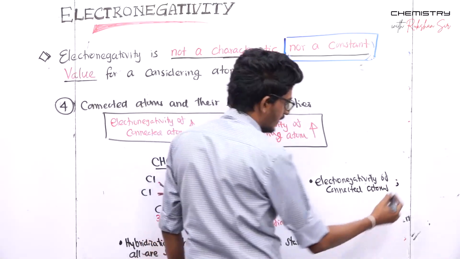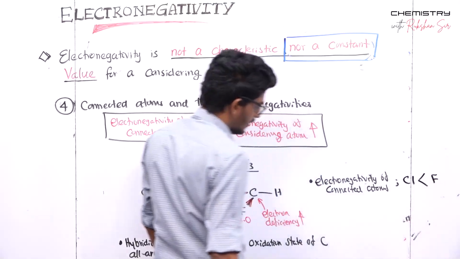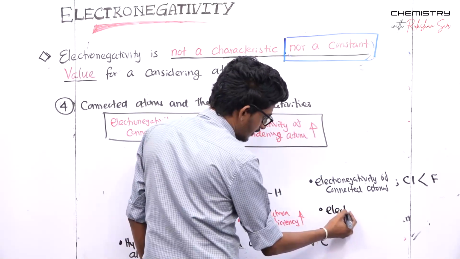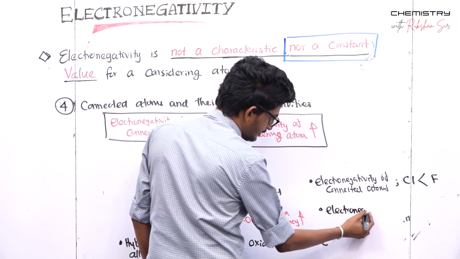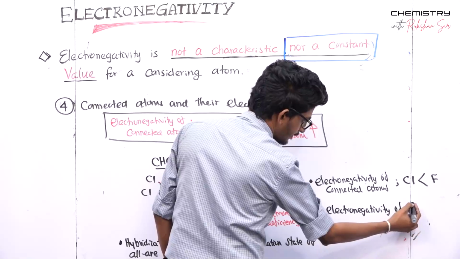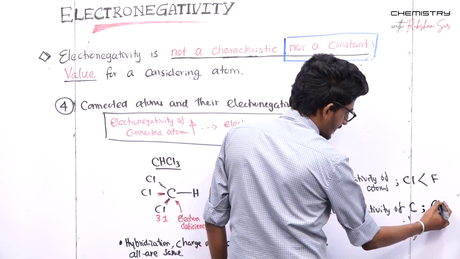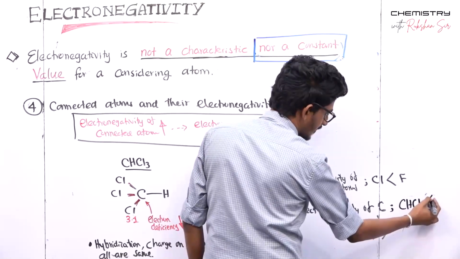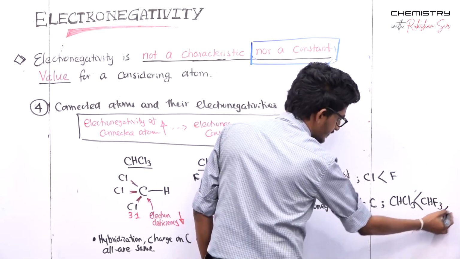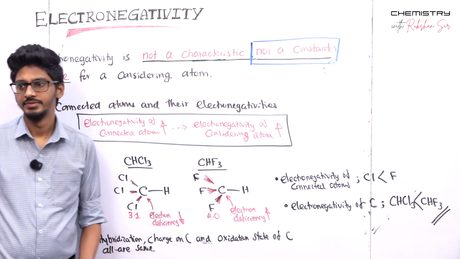That differs: chlorine has lower electronegativity than fluorine, so the electronegativity of carbon varies. CHCl3 has a lower electronegativity than CHF3, right? That is the whole idea, right?